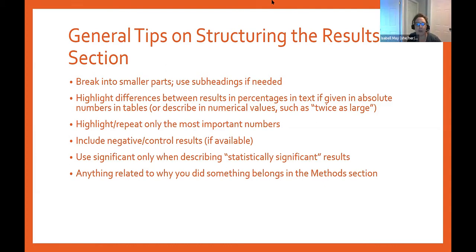Let me see, there's a question in the chat. Asma, what point do you want me to elaborate on? I'd be happy to, I just don't know which point because I make so many. Yes, use significant only when describing significant results. So you don't want to say something like, oh, our study is significant, or this is a significant result. You don't want to use that language. Use it like this: this is significant, and you attach a p-value to it, right?